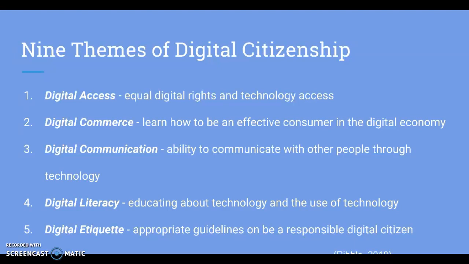Number 4 is digital literacy, which focuses on educating about technology and the use of technology, which also ties into digital etiquette, which focuses on appropriate guidelines for being a responsible digital citizen.